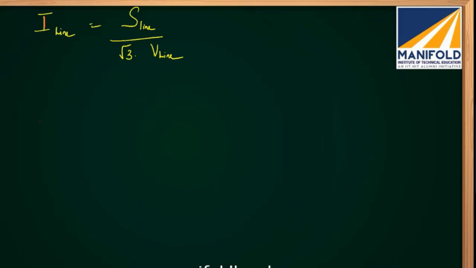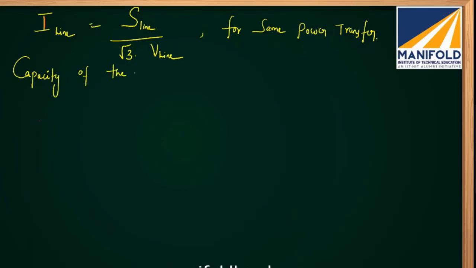So for the same complex power transfer capacity of the transmission line, the current through the transmission line is inversely proportional to the voltage of transmission.